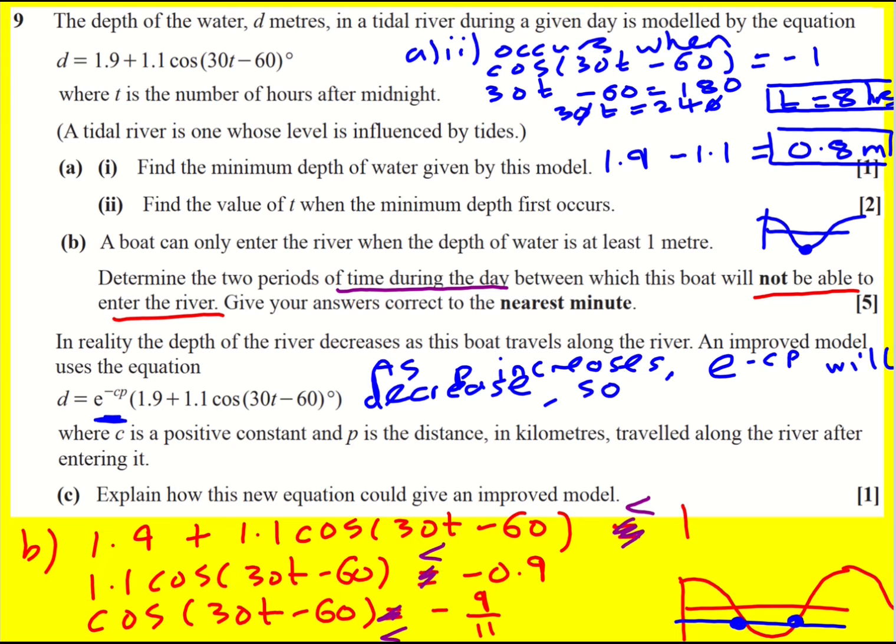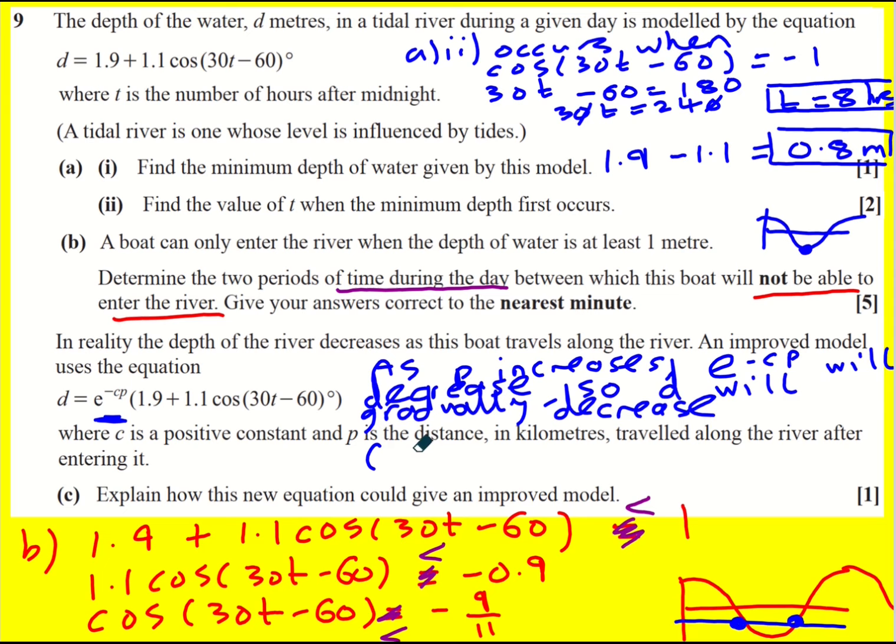So overall, d will decrease, but we've got to remember it's still oscillating. So d will gradually decrease.